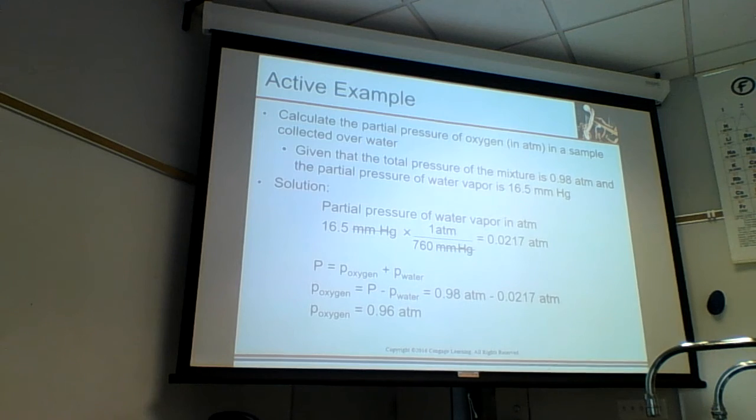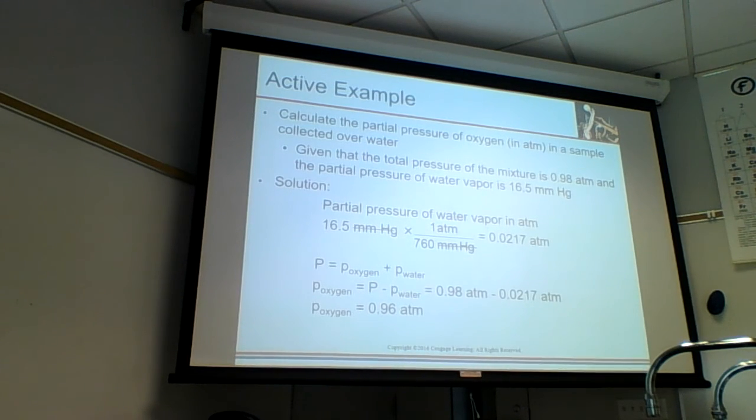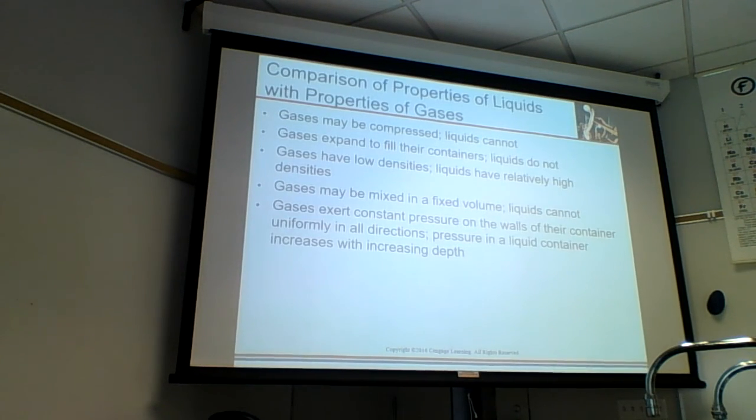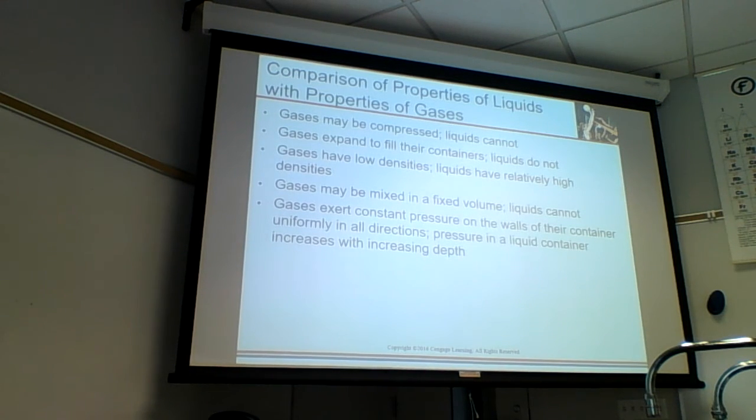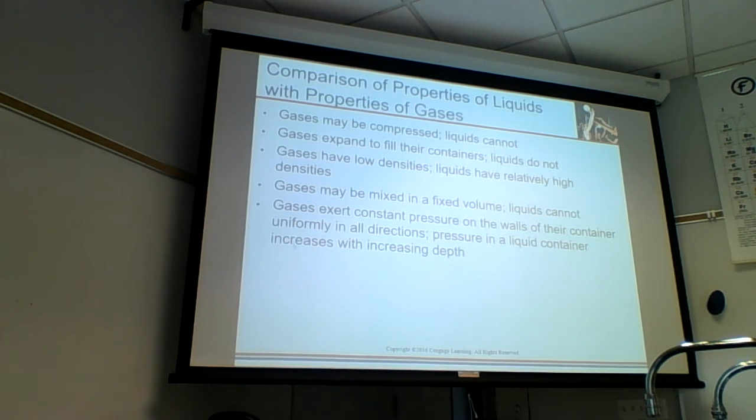That's Dalton's law. And so that's an application of Dalton's law. Whenever we collect gases over water, the gases become saturated with water vapor. So we have to worry about that water vapor. We can figure out how much water vapor there is because humidity just depends on temperature.